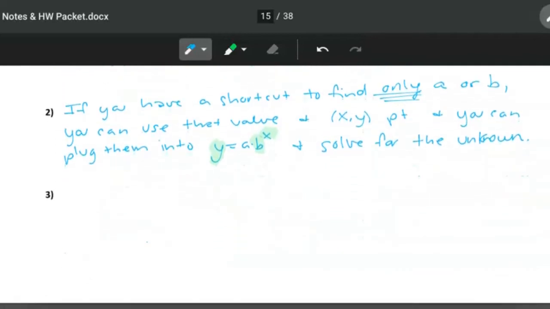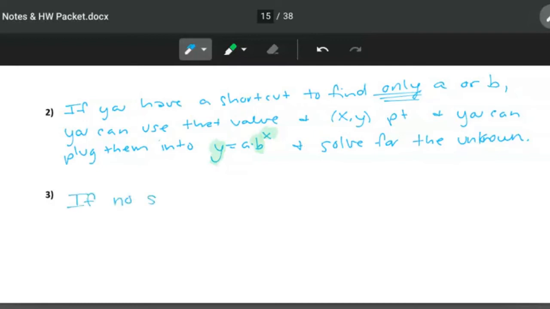All right, the last one, if no shortcuts are available, they just don't give you the y-intercept and the points are not successive. Say they're really far away from each other, like 1, 4 and 30, 79. That's when you have to do it the long way.